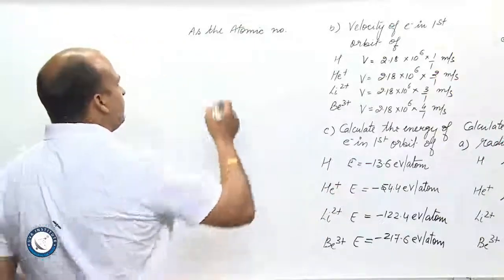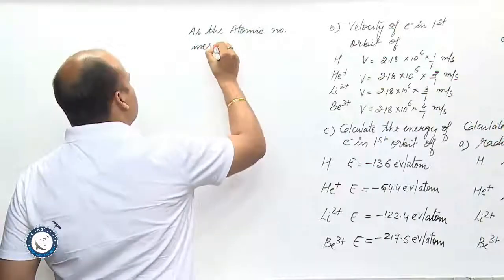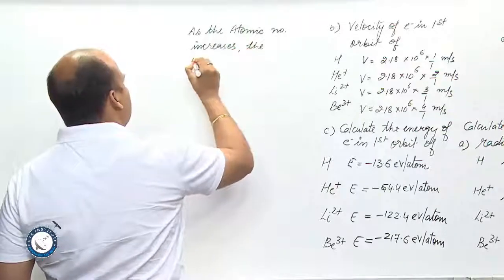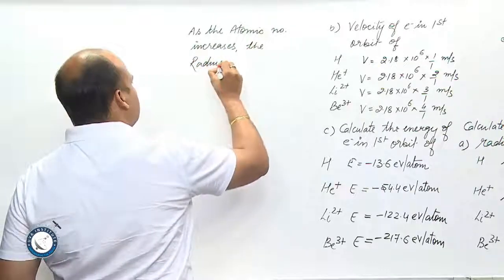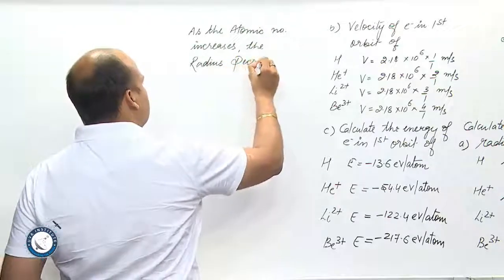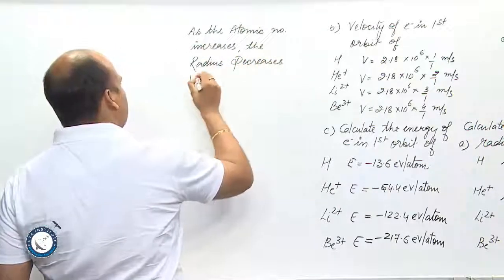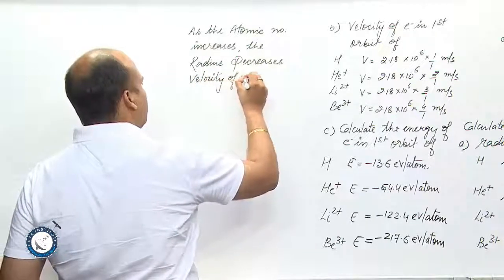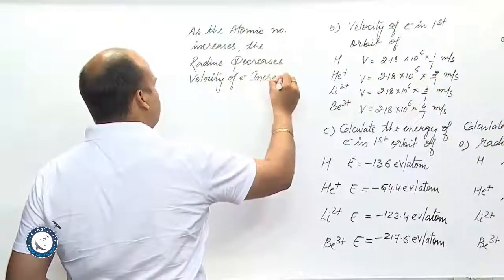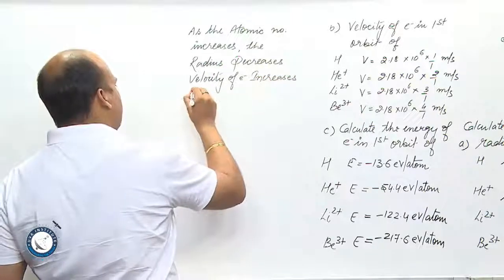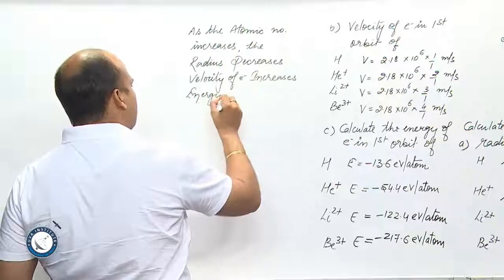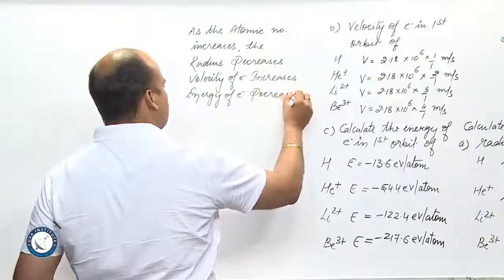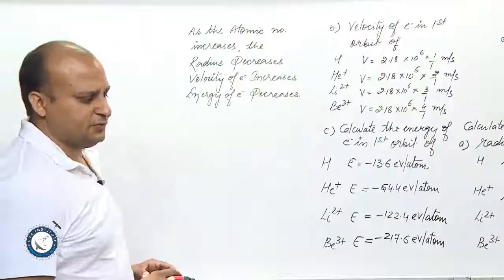As the atomic number increases, the radius decreases, velocity of electron increases and energy of electron decreases. Now this is the inference that we have drawn.